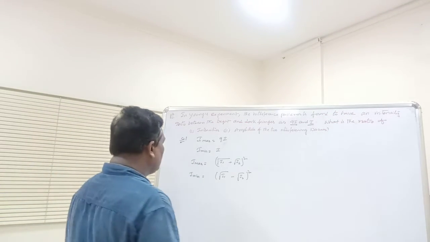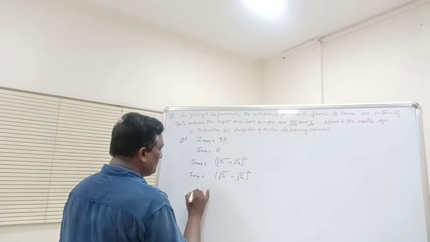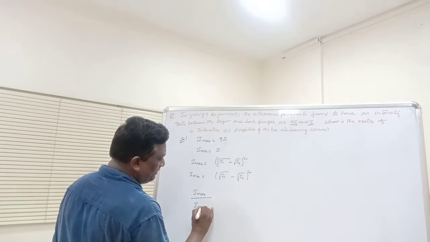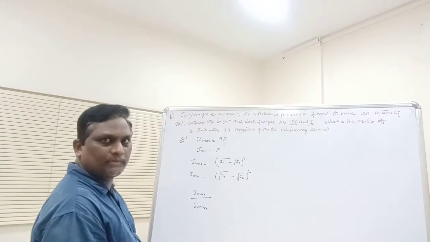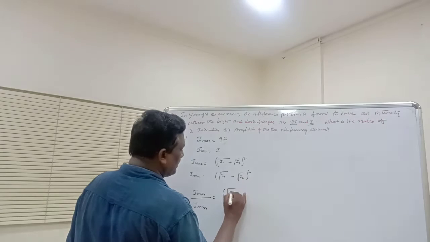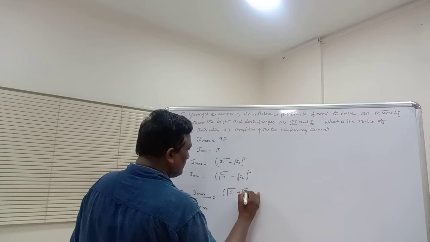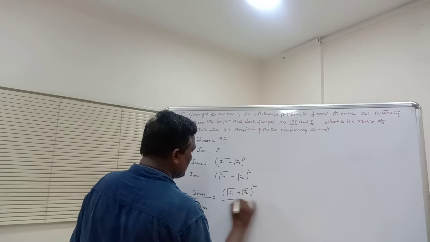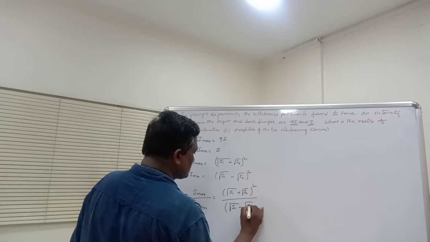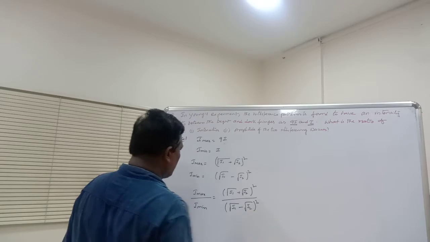So ratio you can take. I maximum divided by I minimum is equal to root over I1 plus root over I2 whole square divided by root over I1 minus root over I2 whole square.